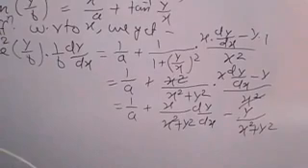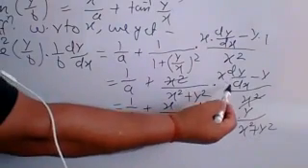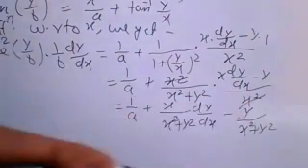Here you distribute x square plus y square to each of the terms, that means x dy by dx minus y.